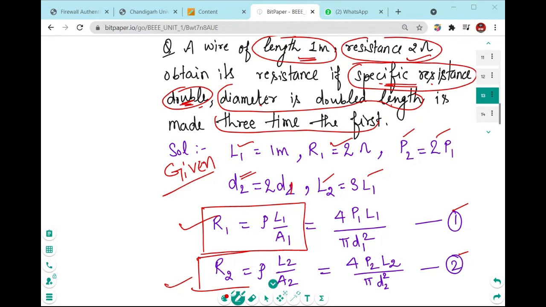R2 is equal to 3 by 2 R1. Yes, Utkarsh, you are right. You will put the value of R1 and find out the value of R2. Yes, it's 3 ohm.